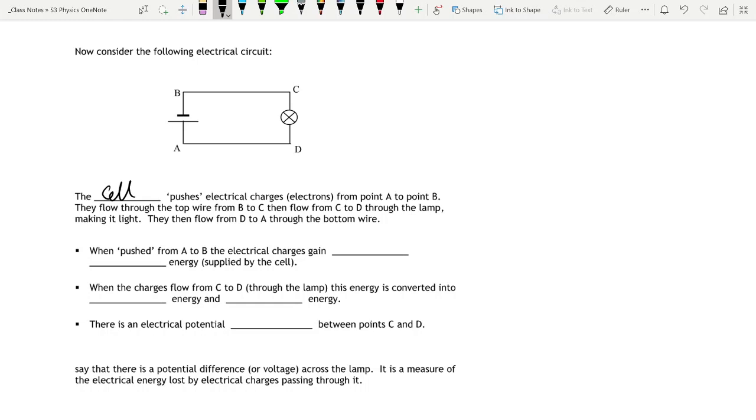They flow through the top wire from B to C, then flow from C to D through the lamp, making it light. So instead of them dropping through a paddle wheel, they pass through a lamp, and they flow from D to A through the bottom wire. So when pushed from A to B, the electrical charges, instead of gaining gravitational potential energy, they gain electrical potential energy.